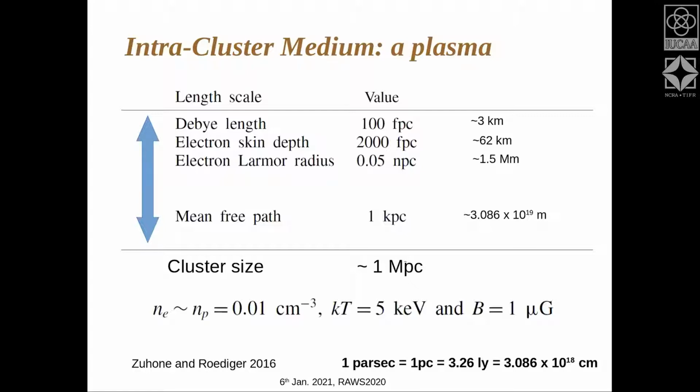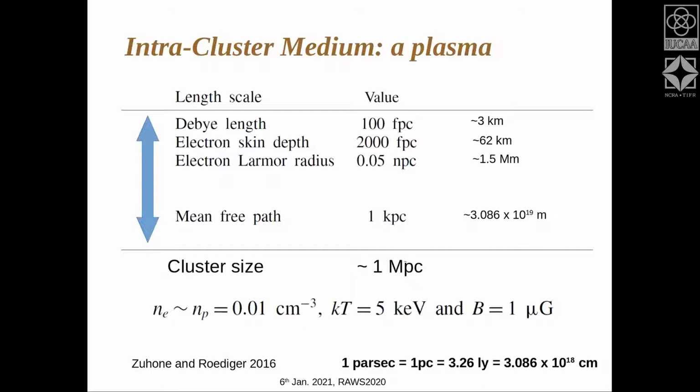So what these charged particles are doing in this plasma is that, in these weak magnetic fields, they are essentially tied to the magnetic fields and just moving along the field lines, and there is nothing else to disturb them, so they will meet another particle only in a kiloparsec. Their motion is governed by these very weak magnetic fields because the mean free path is so large.